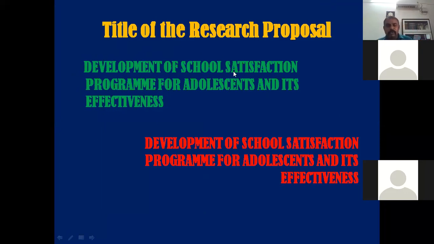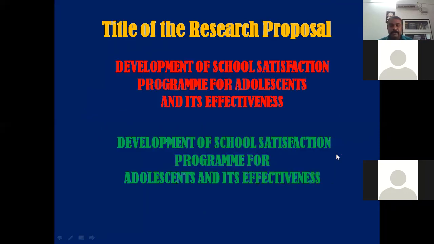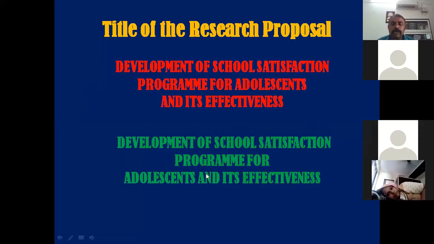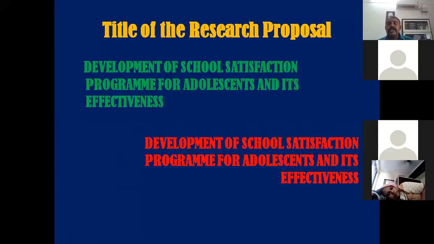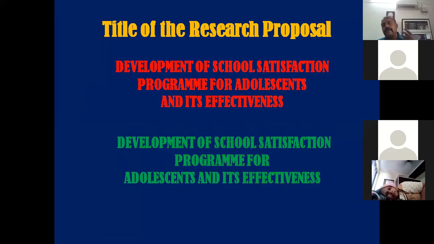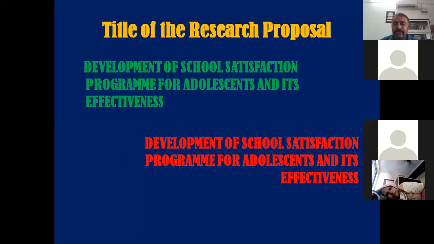This red color, same title, is presented in a right alignment pattern. You will see the third is a center alignment pattern, whereas the fourth is also a center alignment pattern. So these are the 4 titles. There might be more variations, but for example, I have taken these 4 presentation styles.